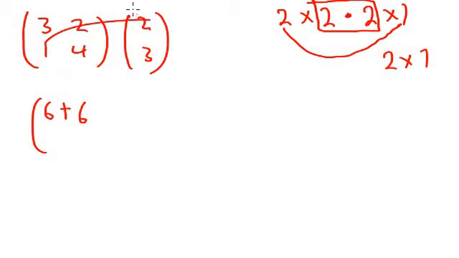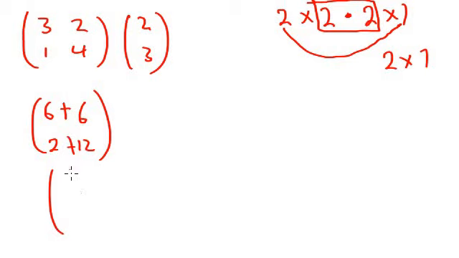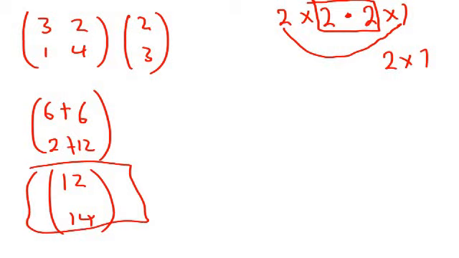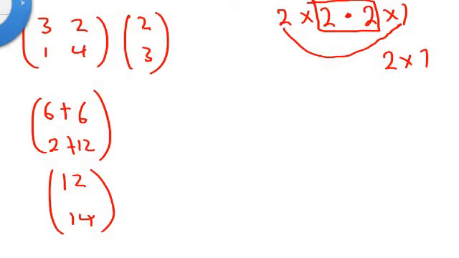So 1 times 2, we have 2. Then 4 times 3, we have 12. So adding this up, we have 14. And that is our final answer. Judging by what we are seeing, we can clearly say that its dimension is a 2 by 1 matrix. And that is the final answer.